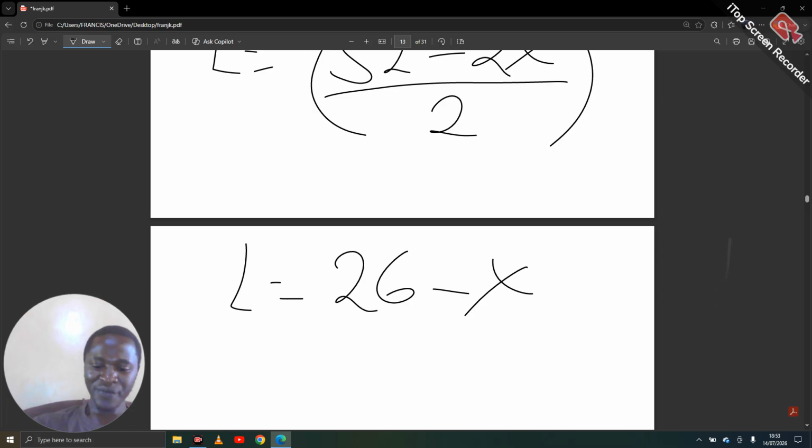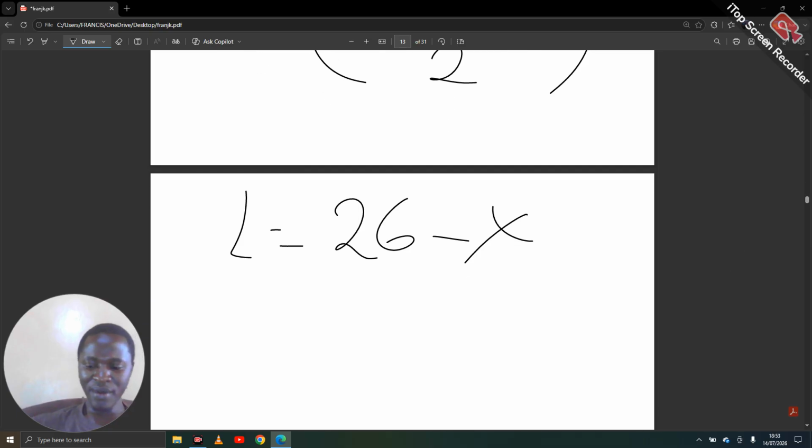Remember, read the question carefully: if the area of the cross section is maximum, find its dimensions. That means the question doesn't want us to get the maximum area; it is already informing us that the area is maximum.